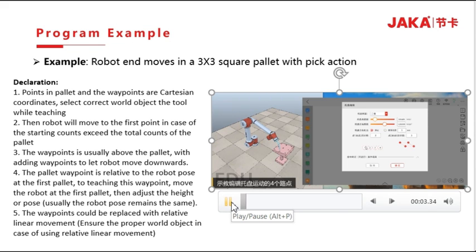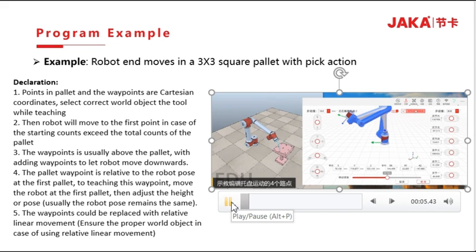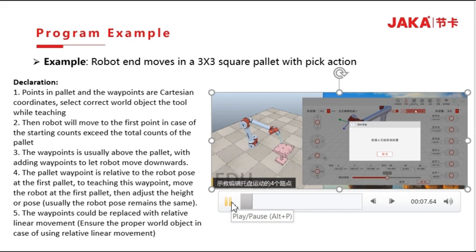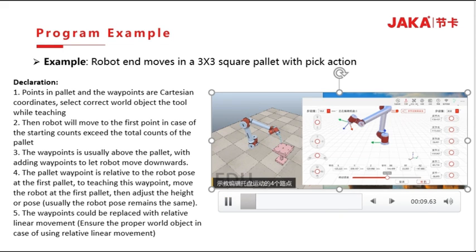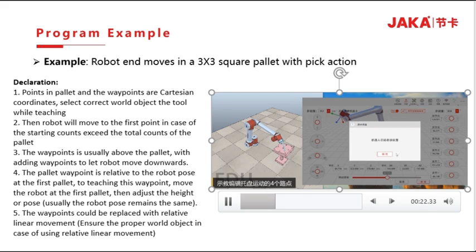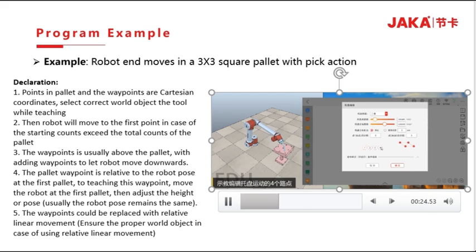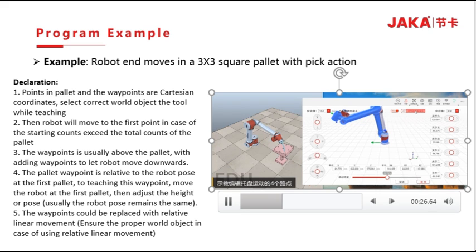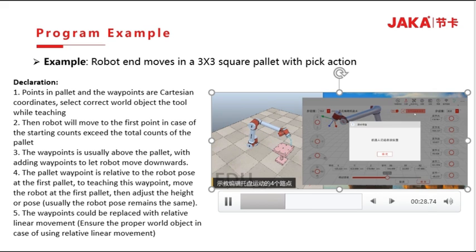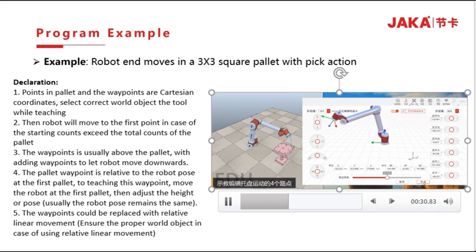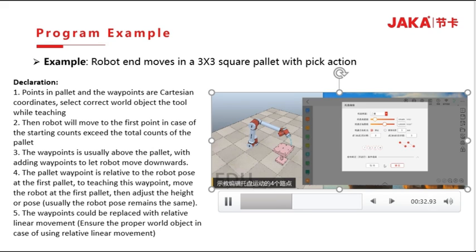First, we need to edit and teach the 4 positions of the pallet. Then we could set up the waypoints of the pallet.